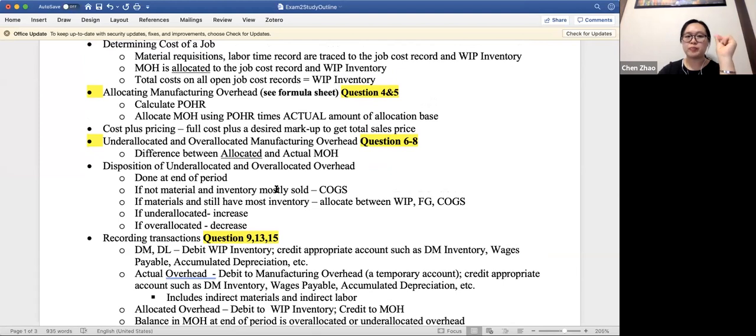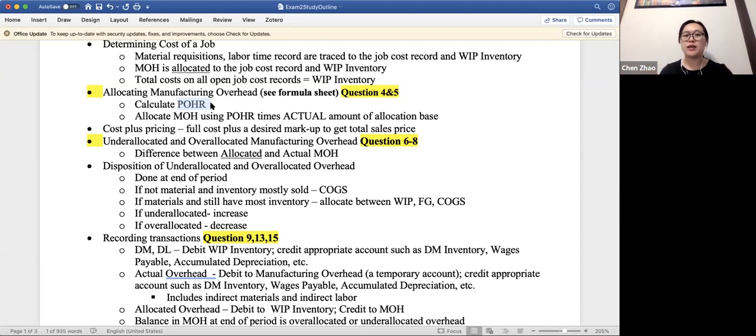We do an allocation, and this allocation is based on a predetermined overhead rate, which is determined at the beginning of the period based on our estimation of total MOH during the period and our estimation of the total allocation base, okay? If you still remember, I told you many times about this: when you do the predetermined overhead rate, you need to estimate it, total overhead divided by estimated allocation base.